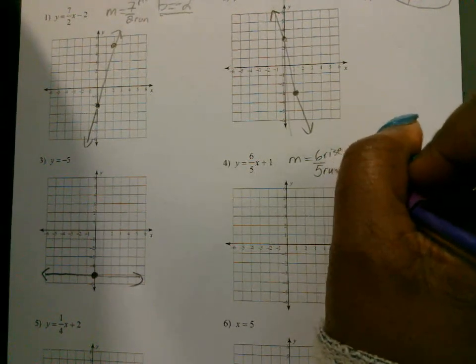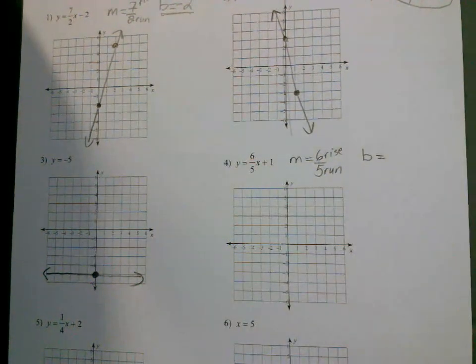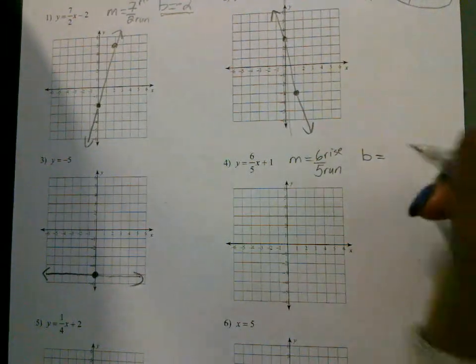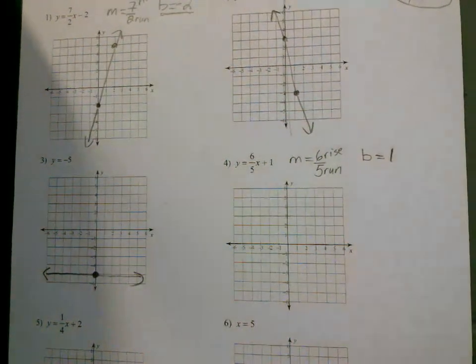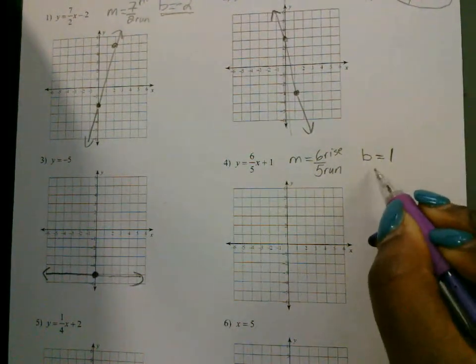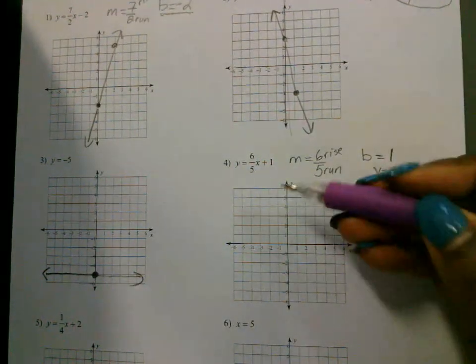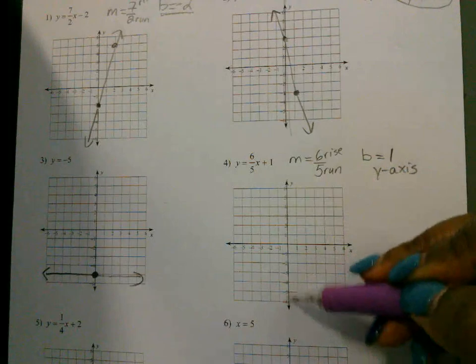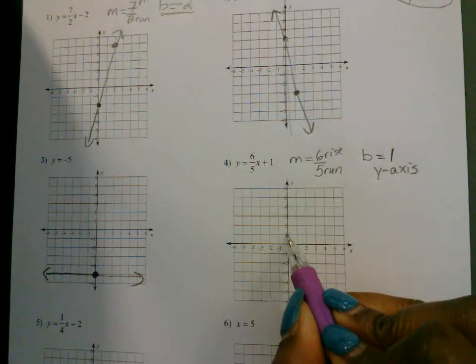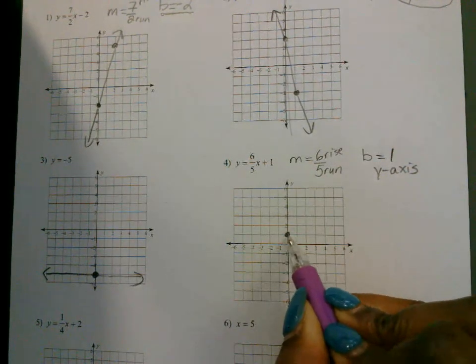This is my run. What's my B? 1. So I'm going to find my B on the y-axis. This is the y-axis. +1 on the y-axis is right here.